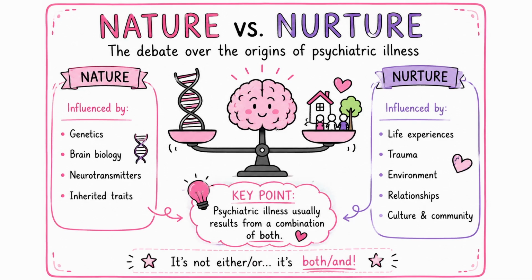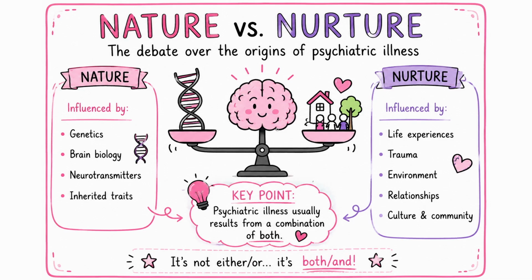Nurture refers to environmental influences such as childhood experiences, trauma, relationships, cultural influences, education, and socioeconomic factors. This perspective suggests that life experiences shape psychological development and mental health outcomes.